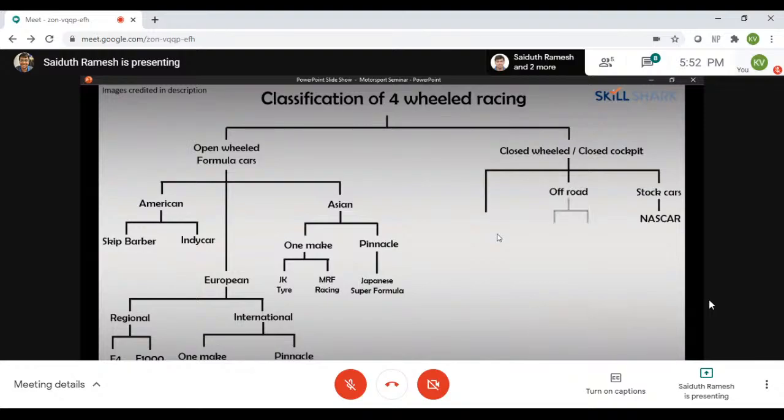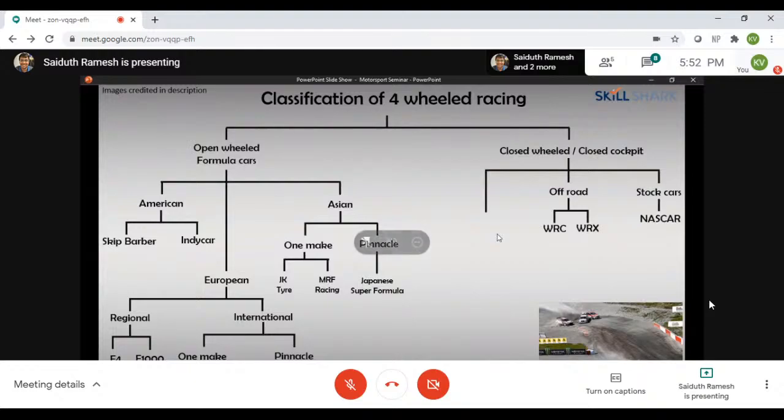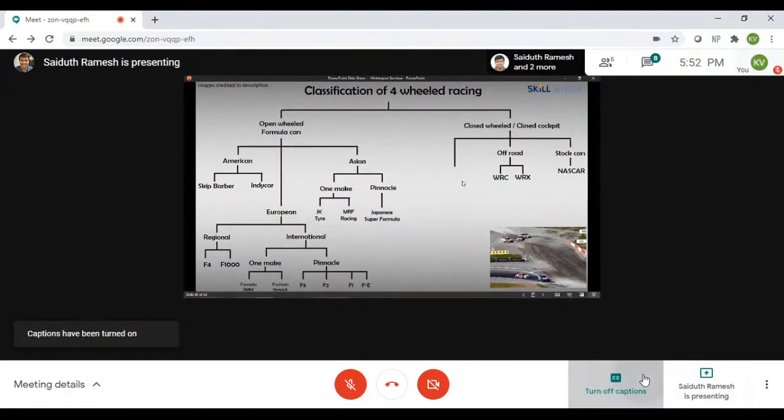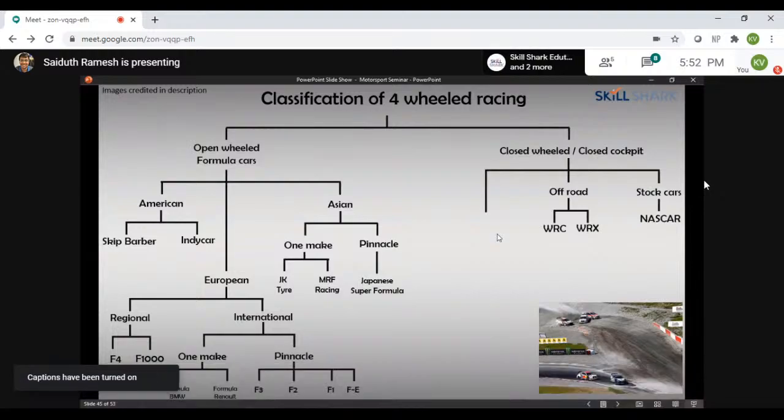We have off-road series like WRC, the World Rally Championship, and then you have WRX, the World Rallycross Championship. So WRC goes mostly on dirt tracks and snow tracks. WRX goes on hybrid tracks, dirt, snow, tarmac, everything is kind of mixed up. WRX cars are a lot bigger. They're bigger variants.